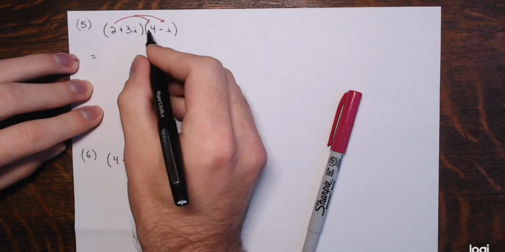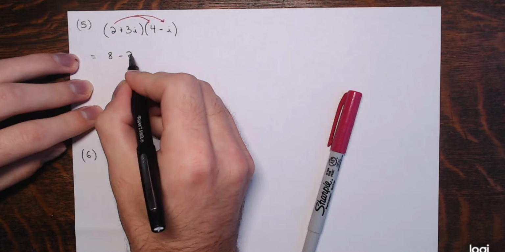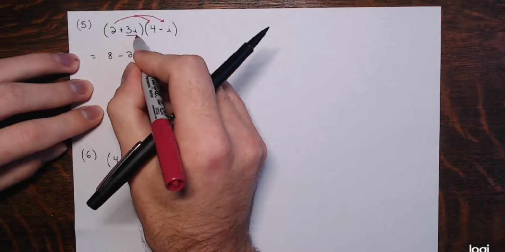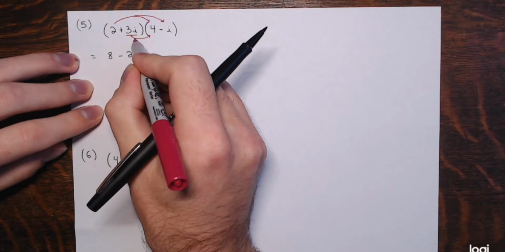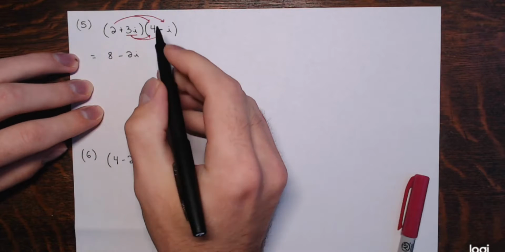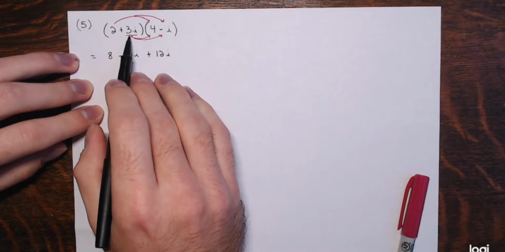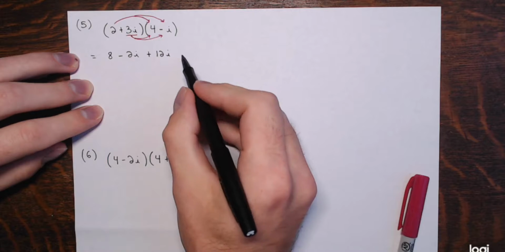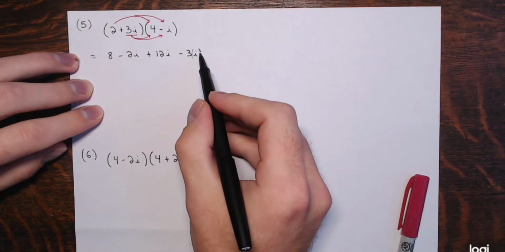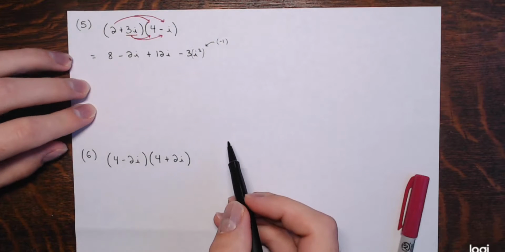So 2 times 4 is 8. 2 times negative 1i would be negative 2i. All right, so now I'm done with the 2. Move over to the positive 3i and distribute that. 3i times 4 is positive 12i. And then 3i times negative 1i would be negative 3i squared. Okay, but don't forget, i squared is negative 1.